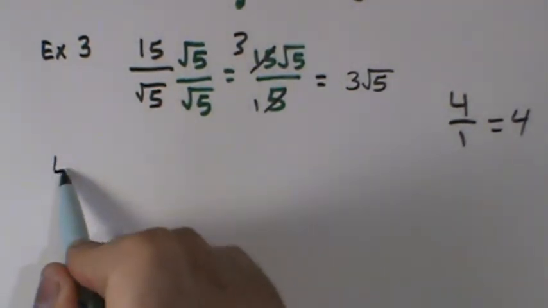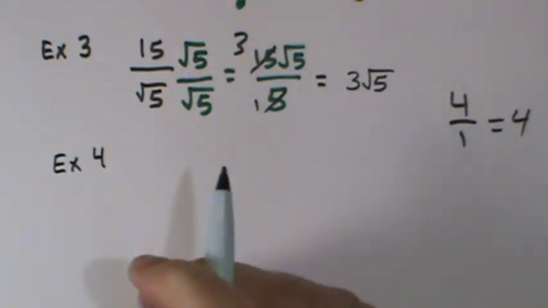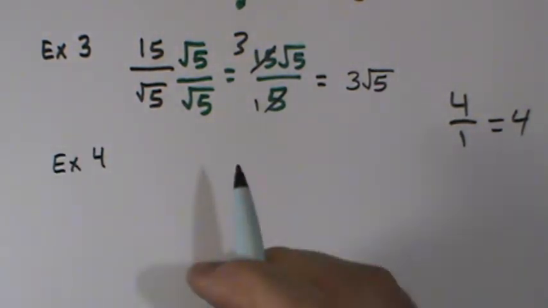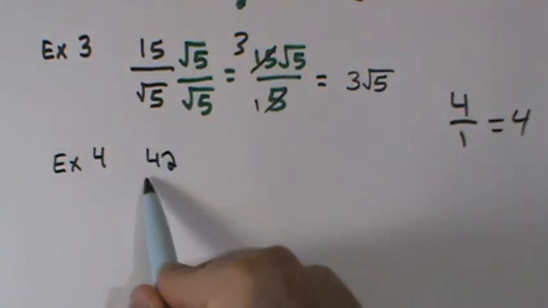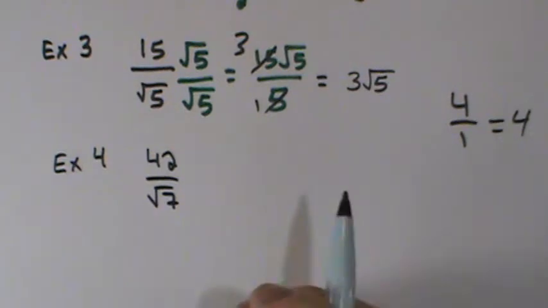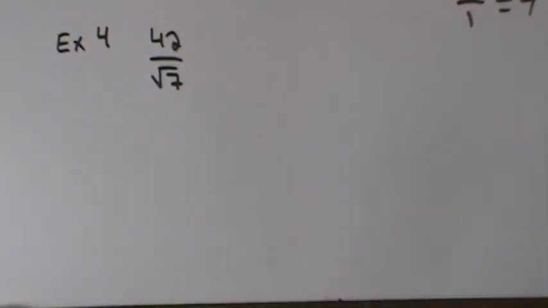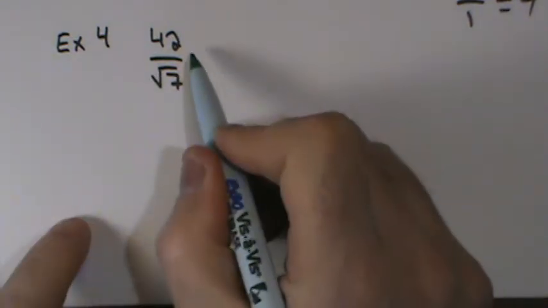We're going to do another example. Call it example 4. This time we have 42 over rad 7. Not a stable situation. So we'll multiply top and bottom by the rad 7.